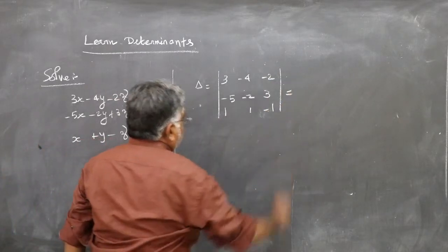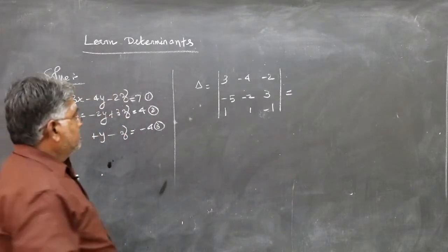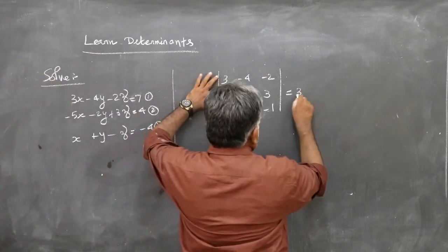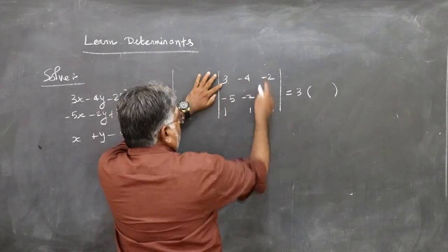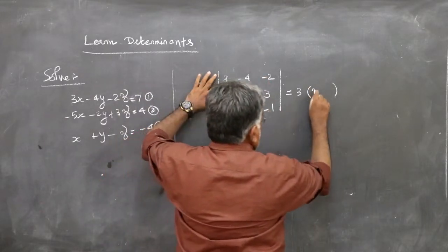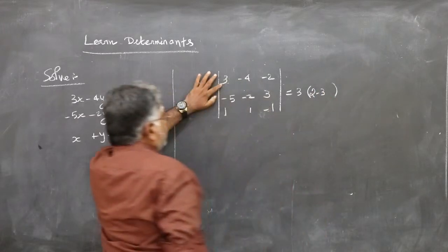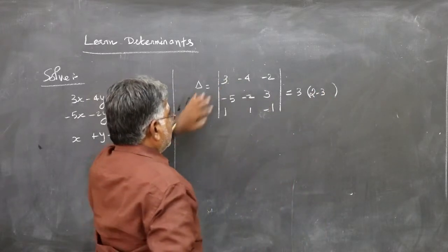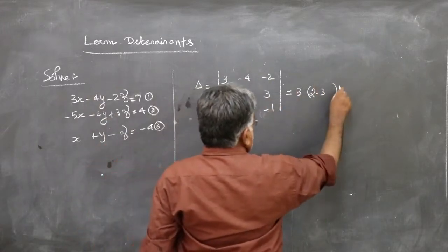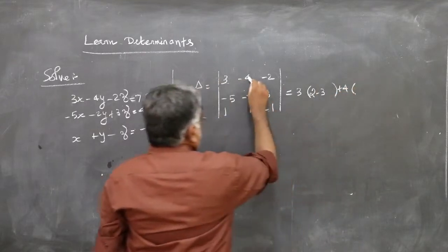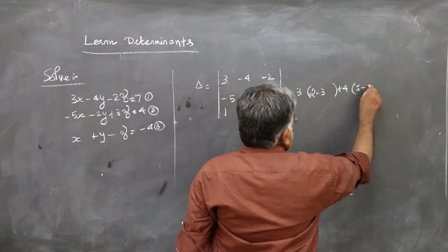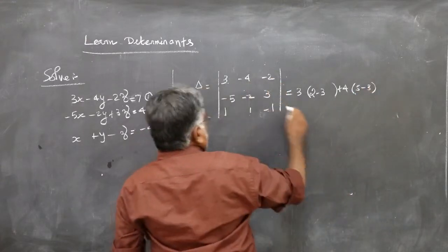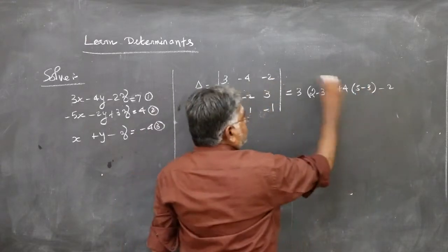You should evaluate. 3 into, forget about this column, this row, 2 minus 3. 3 into 2 minus 3. Minus of minus 4, so plus 4 into, forget about this column and this row, 5 minus 3. Then minus 2, this minus is there in this number.